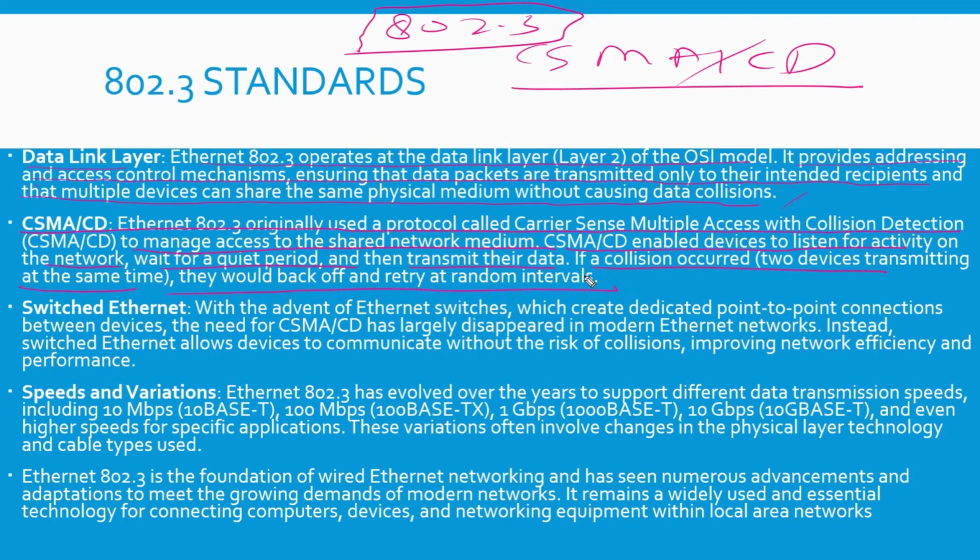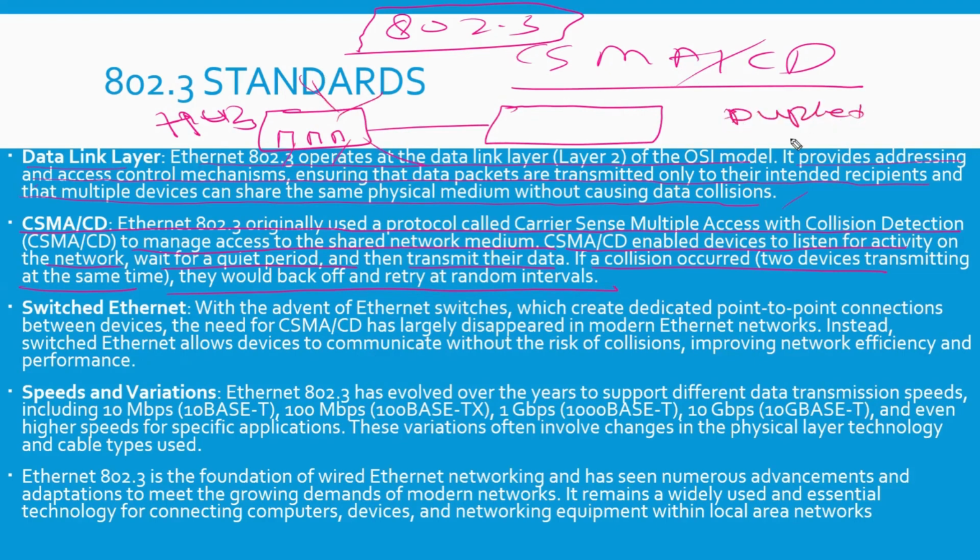So, when you used to have a hub, we learned that when it sends a packet, it's sent to everybody, right? There's duplex, half and full, meaning you can listen and send at the same time, but only a switch can do that, a hub cannot.